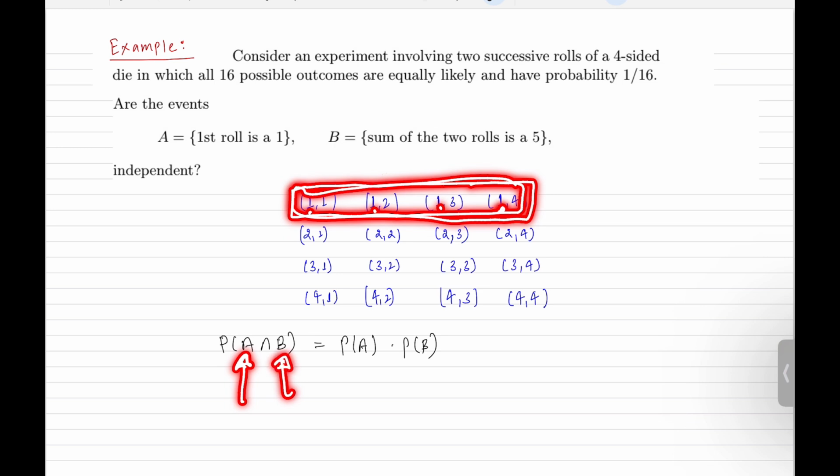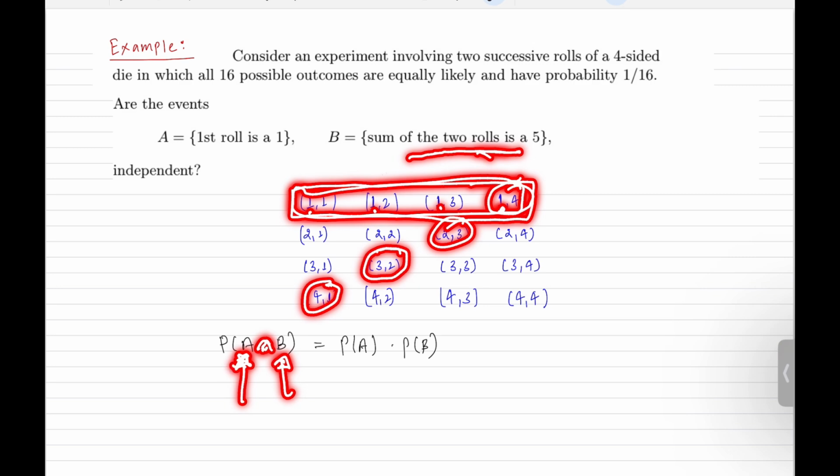But at the same time we need to consider event B. We are looking at the occurrence of both events at the same time, that is, the intersection of events A and B. The sum of the two rolls is 5. If you consider event B individually, then these are the elements that will favor event B, right?